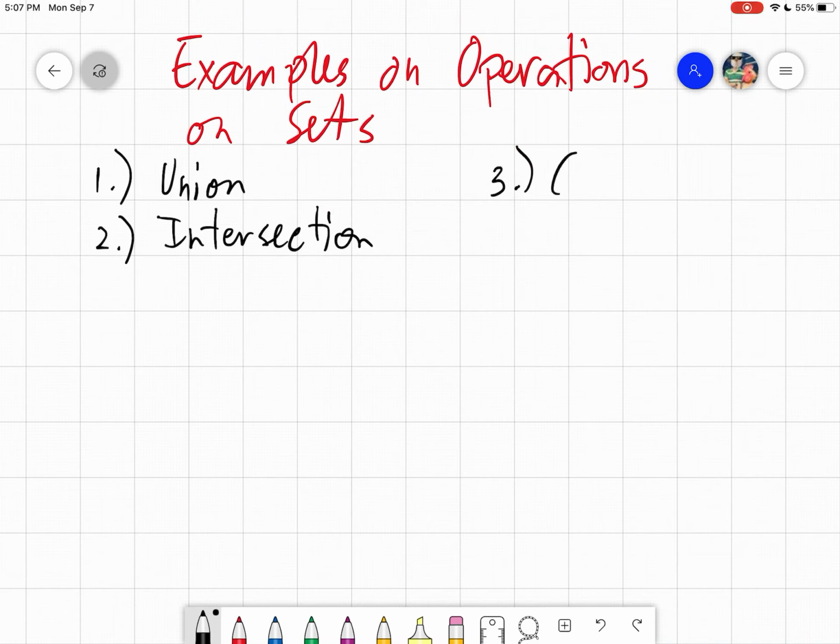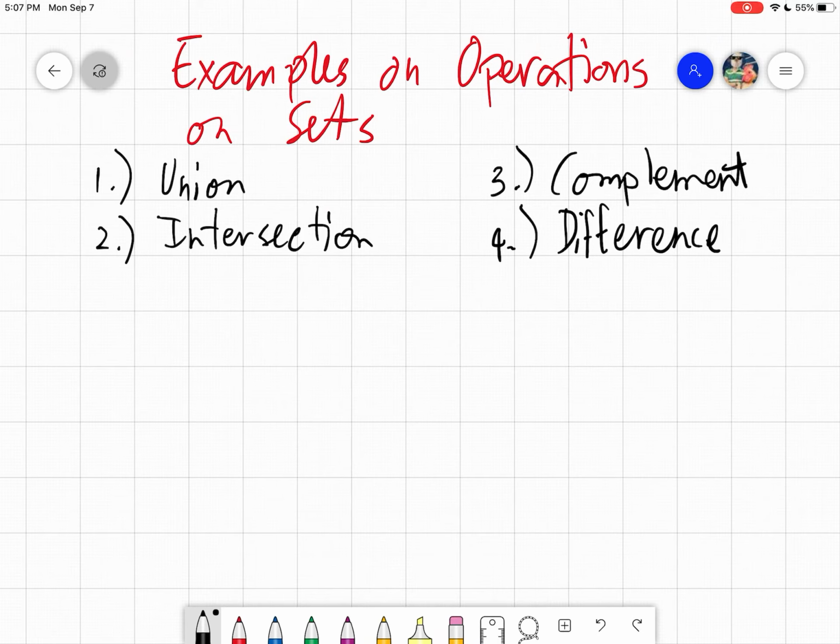The next one is the complement. The fourth one is the difference.